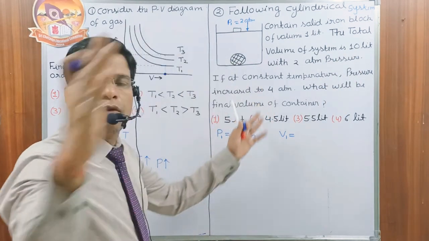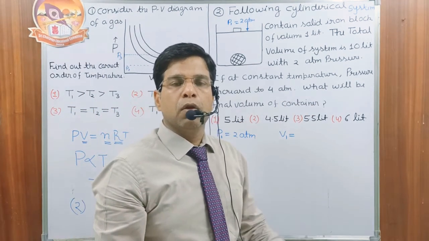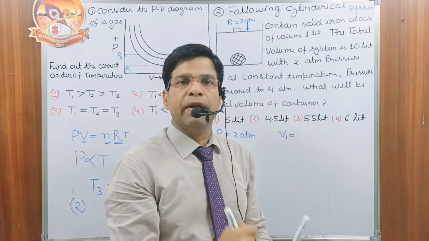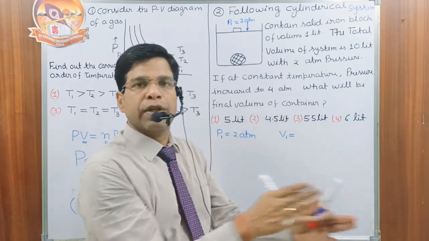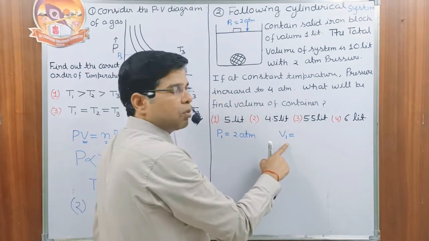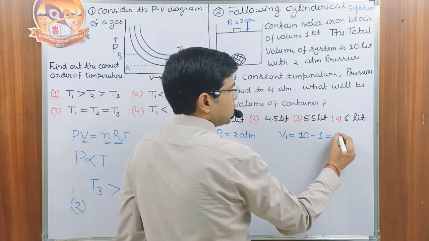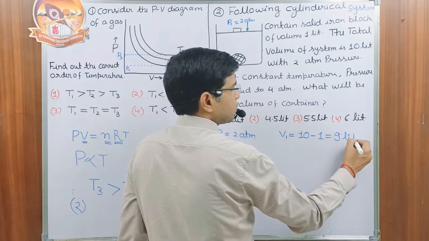Out of a total volume of 10 liter, 1 liter is occupied by the solid. To get the volume of the gas, we subtract 1 liter from 10. The initial volume of the gas is 10 - 1 = 9 liter.